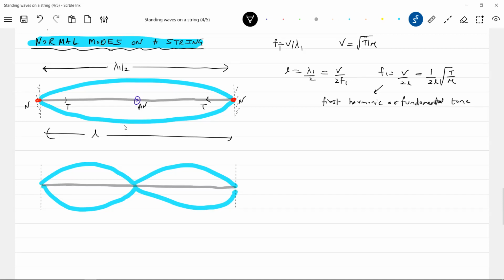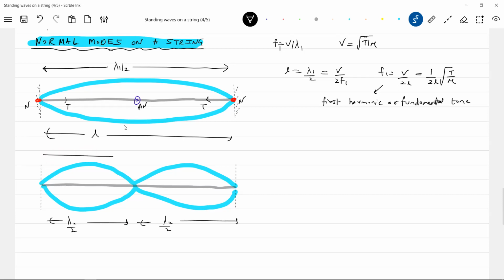I'll get two loops. So this will be lambda 2 by 2, and this everything is the length of the rope.